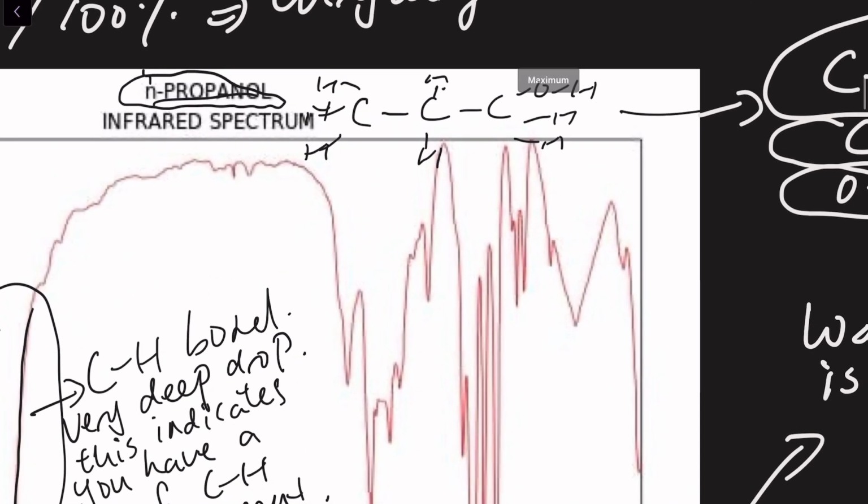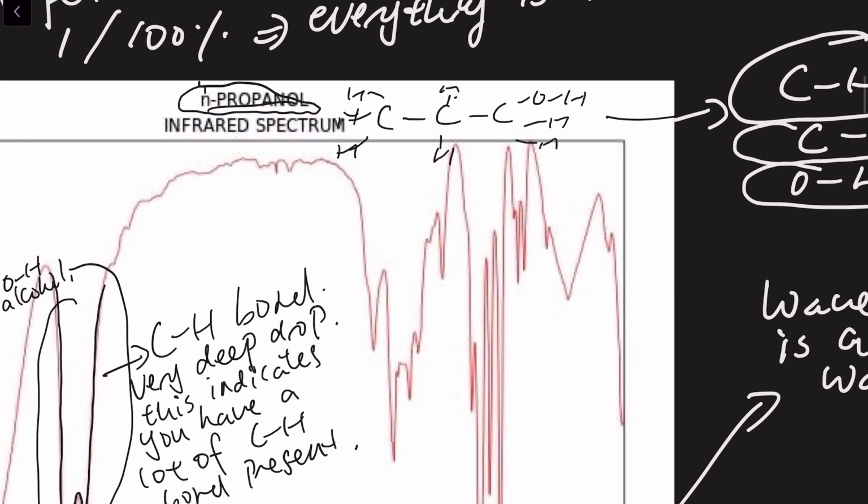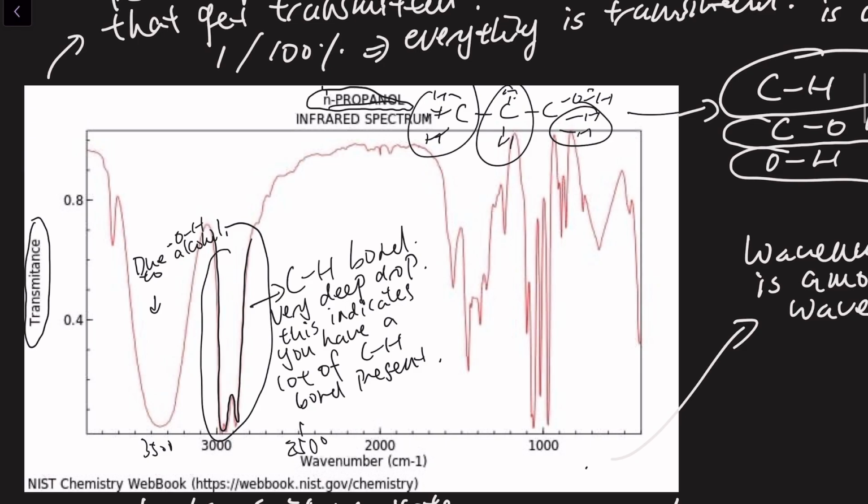And if we look at our drawing, this is very true. We have a large number of CH bonds present. So each of the CH bonds wants to absorb the energy from this particular wavelength, and thus you get a very low transmittance, since all of the energy has been absorbed as you have so many different CH bonds in this molecule.